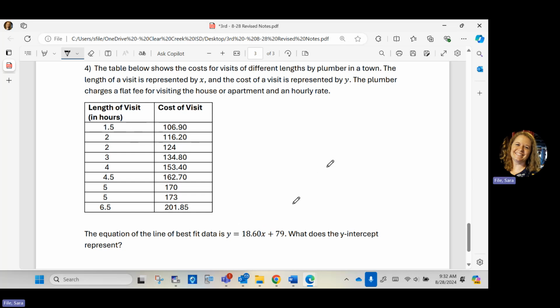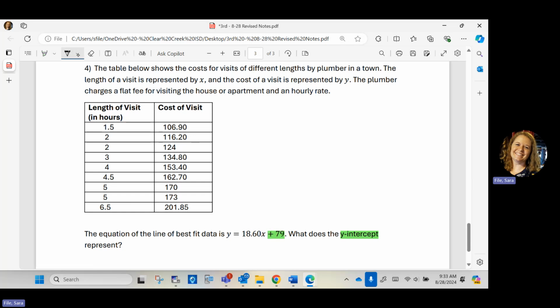It says, what does the y-intercept represent? Well, what is the y-intercept here in this equation? What's the value? What number? In this equation, is it the 18.60 or the 79? The 79, that's my y-intercept. Remember, it's mx plus b.